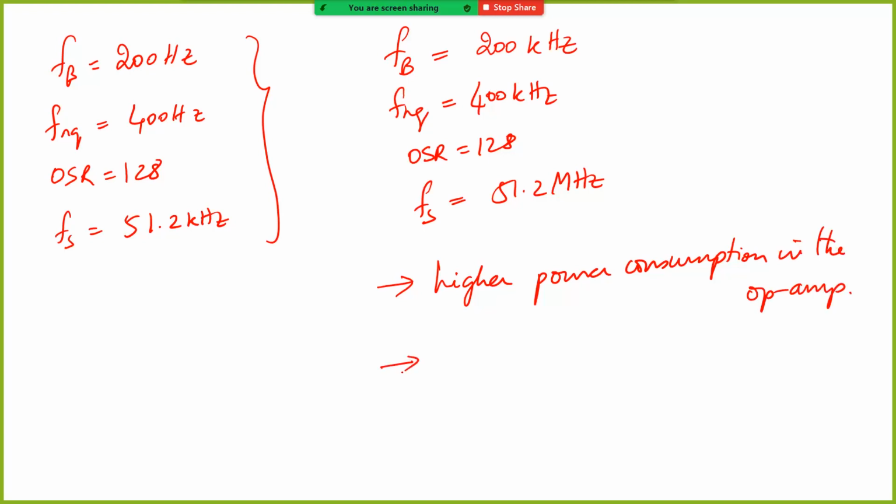You need to charge and discharge these capacitors every cycle, so you also end up having these CV squared F type things happening. You need to charge up these capacitors, discharge these capacitors. So basically, capacitor charge and discharge power.